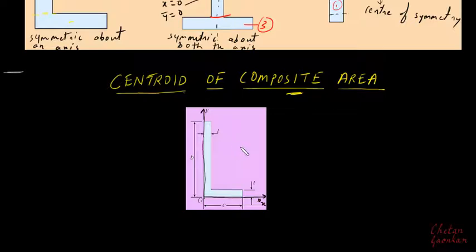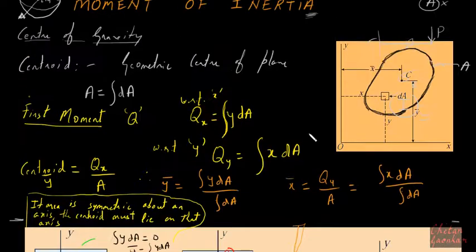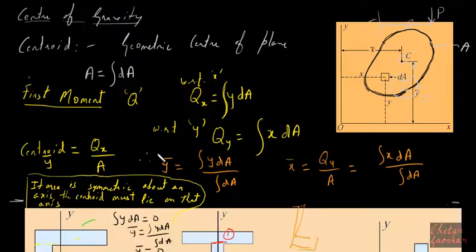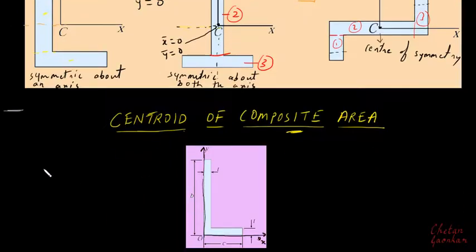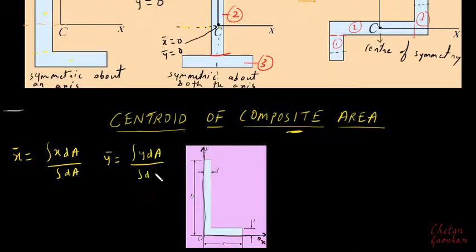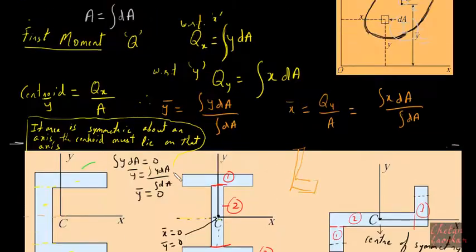For this, we already know that the centroid x bar can be found as integral of x dA divided by integral of dA, and y bar can be found as integral of y dA divided by integral of dA. We have already seen this, right?